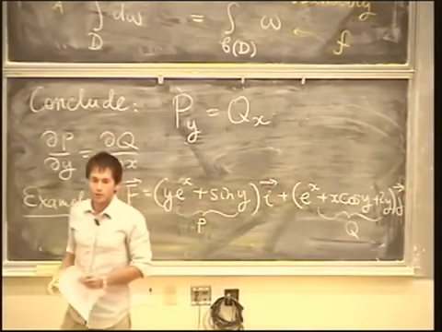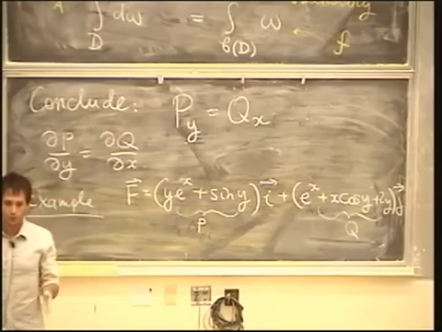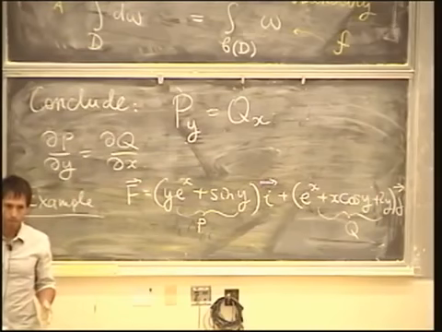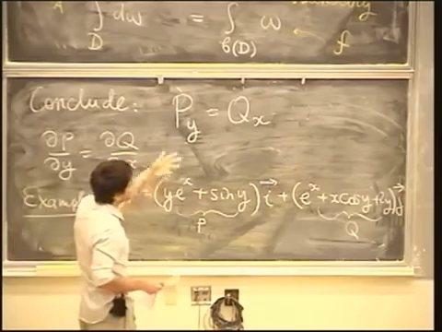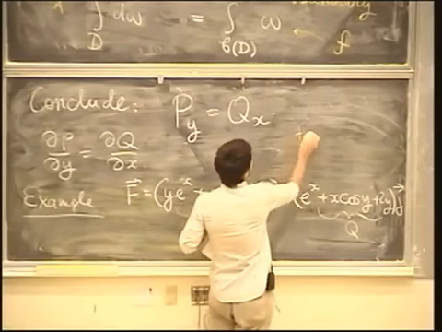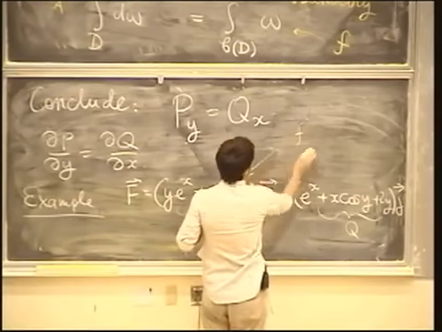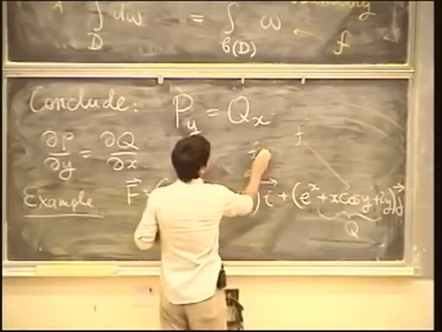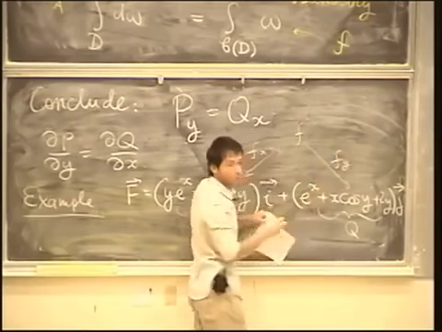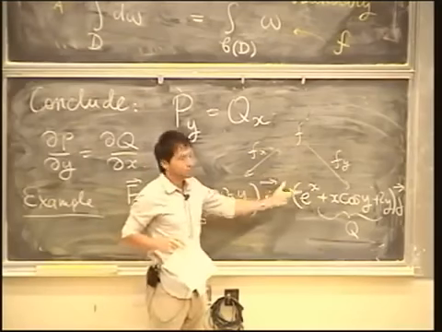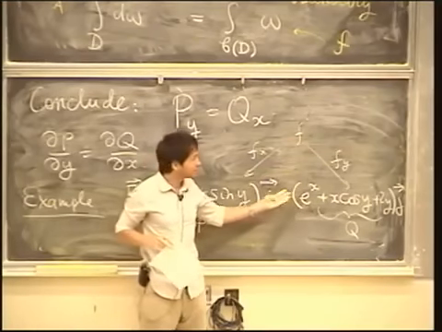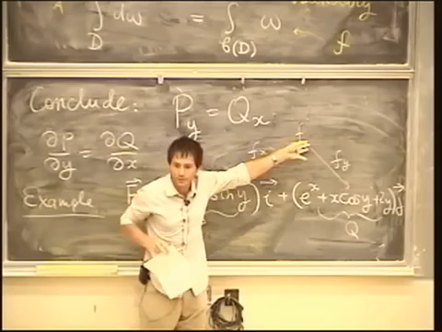So let me ask you this question. Is this vector field conservative? In other words, conservative would mean that there is some function f such that you get this by taking f sub x, and you get this by taking f sub y. It's very difficult to guess right away just by looking at those two functions whether such a function f exists.